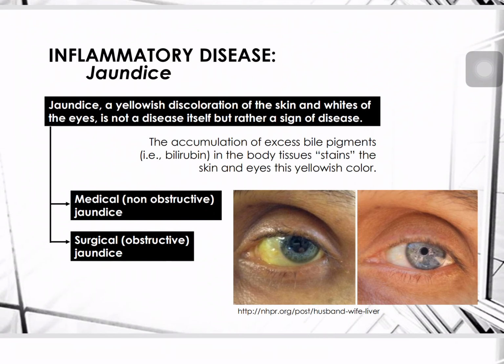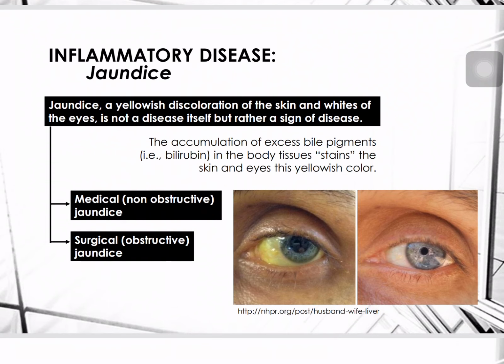Normally, bile and its pigments are secreted into the bowel and eliminated. Bilirubin is a type of bile pigment that is produced when hemoglobin breaks down. Normal serum bilirubin levels are equal to or less than 1 mg per 100 ml but must exceed 3 mg per 100 ml to be visible to the observer.